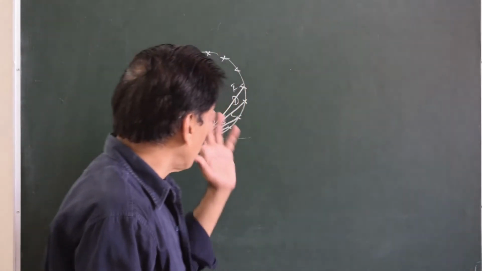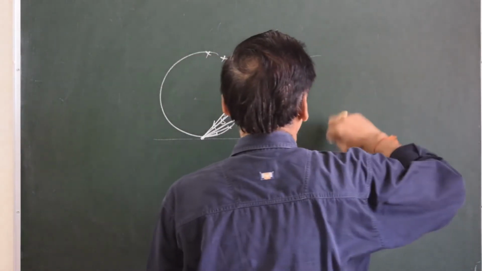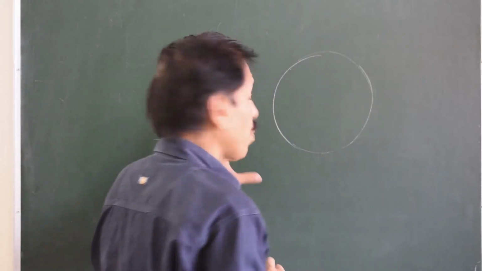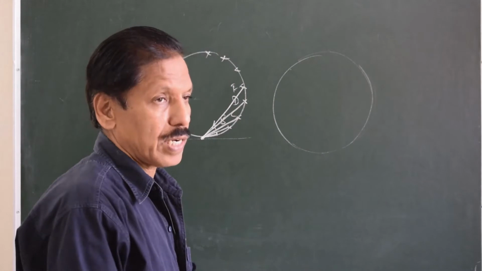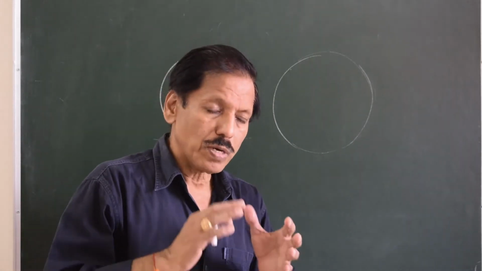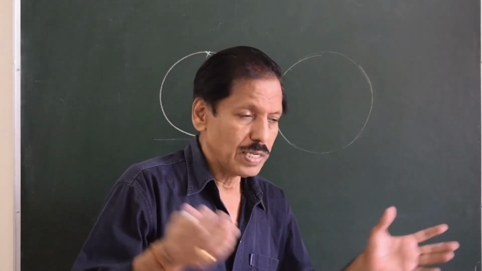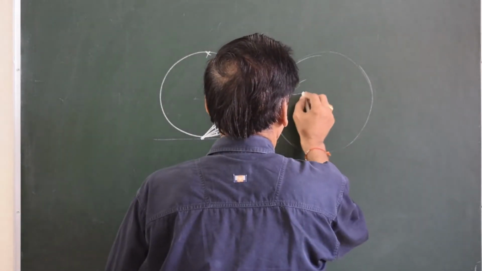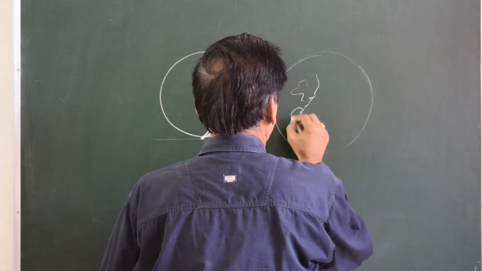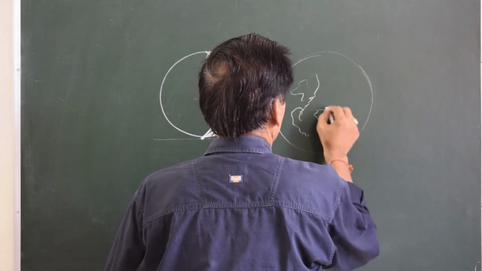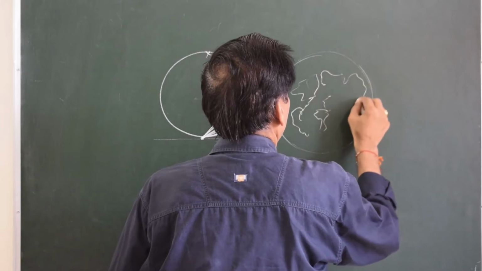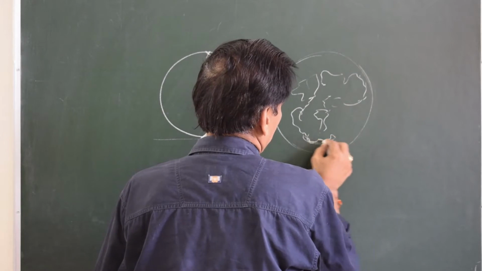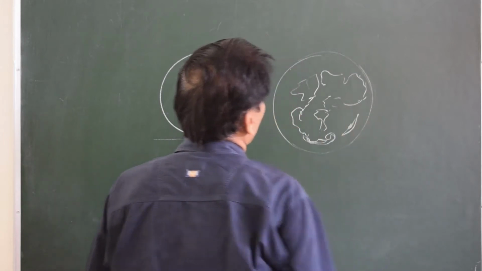So let us project the entire globe and see how it looks in this projection. Suppose you are looking at the globe from in front of, say, the Middle East. You will find the entire globe: North America, South America, Africa, Asia, Russia, China, and Australia coming like this, and so on.